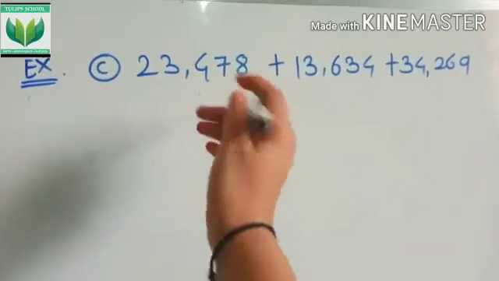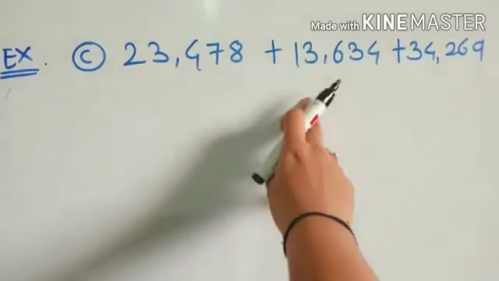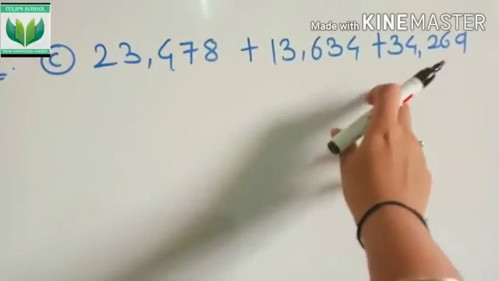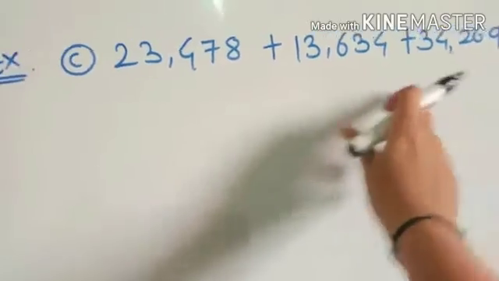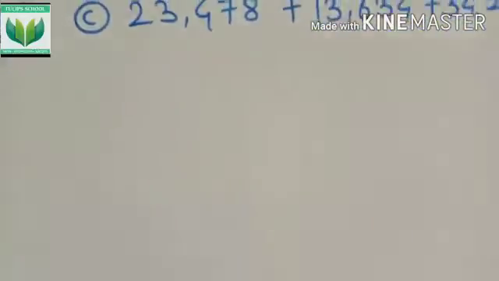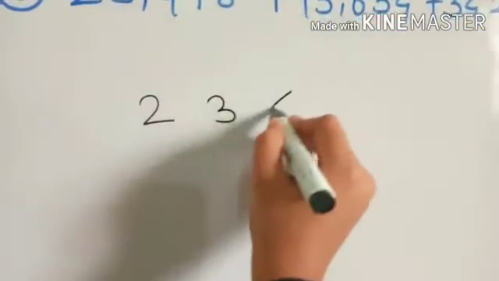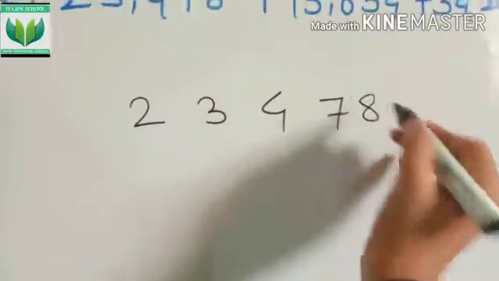Now we have to solve the third. Here I wrote 23,478 plus 13,634 plus 34,269. Now first of all we have to arrange like addition forms. First, 23,478.